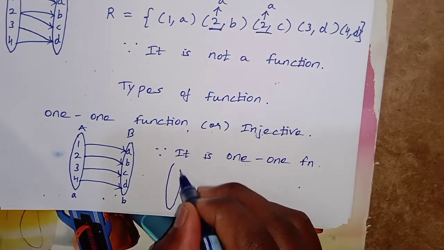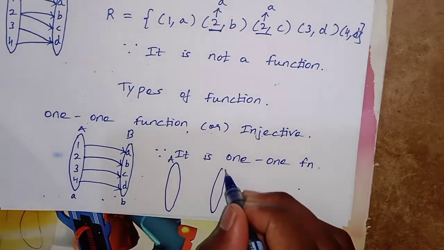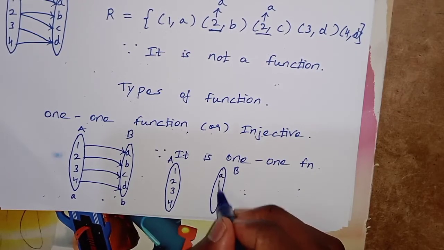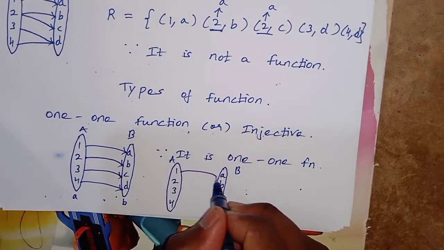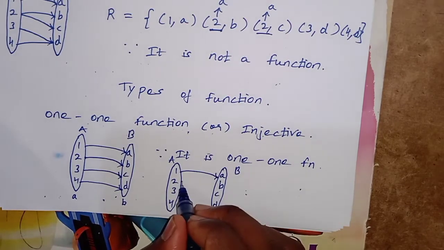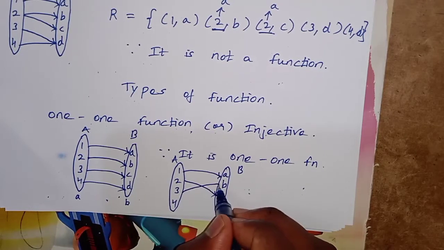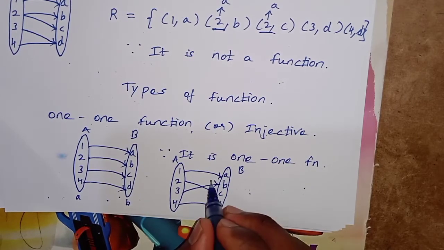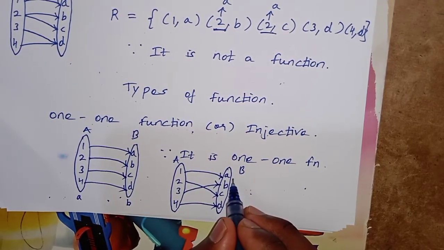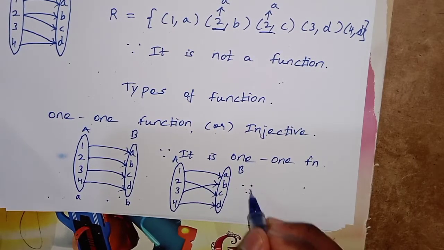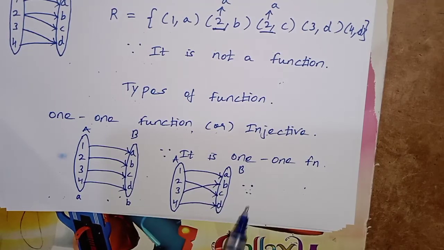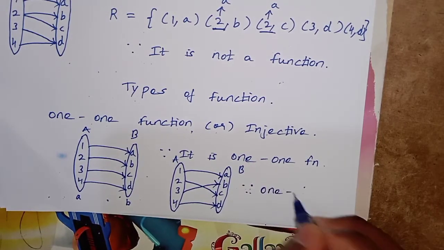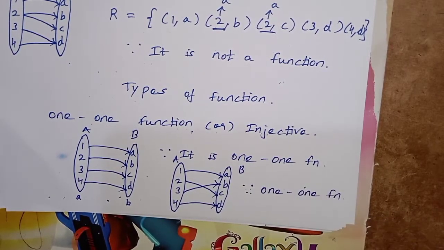Otherwise see here, A, B, 1, 2, 3, 4, here A, B, C, D, here 1 is related to A, 2 related to C, 3 related to B, 4 related to D. Therefore here also 1 is related to A, and every element in A has only one image in set B. Therefore here it is a one-one function.